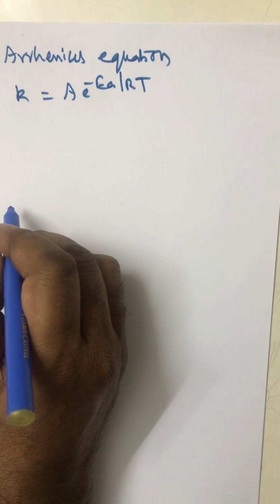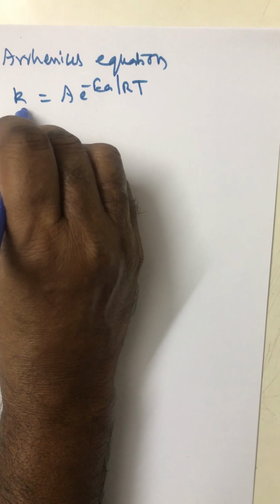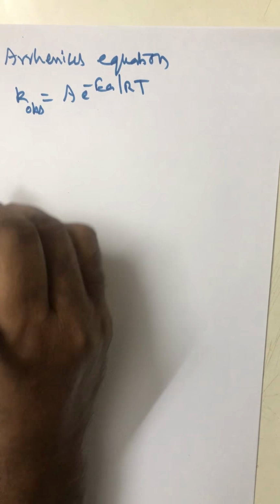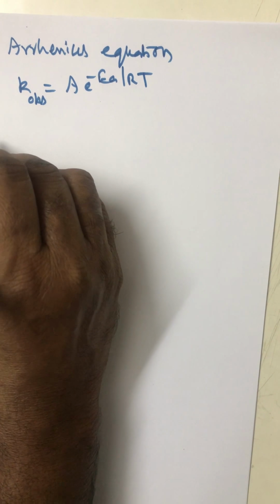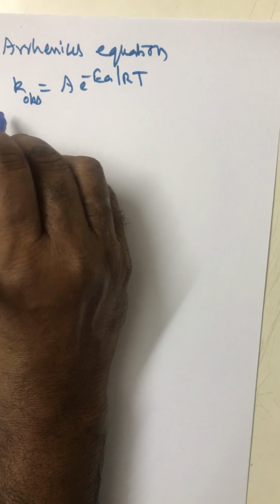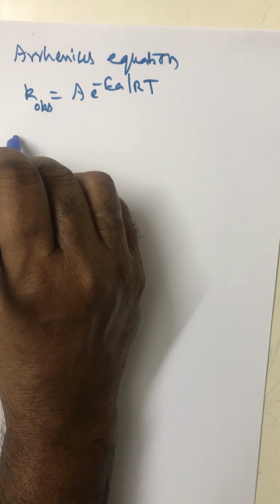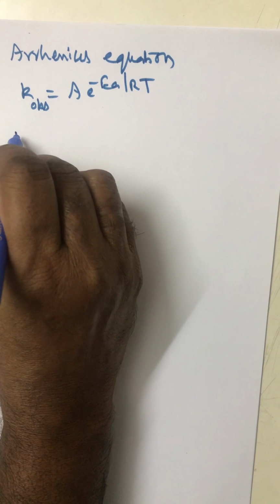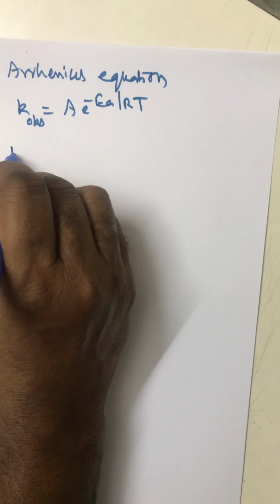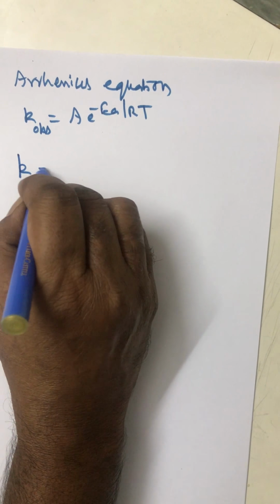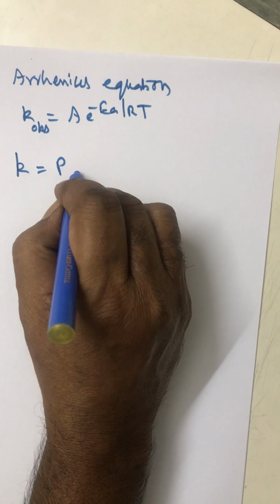When there is a discrepancy between observed and calculated, k observed and k calculated from the earlier equation, then to estimate the actual value of the k, a probability factor was introduced.